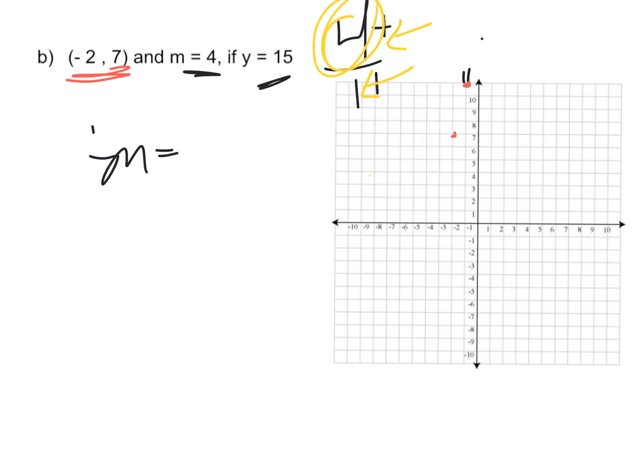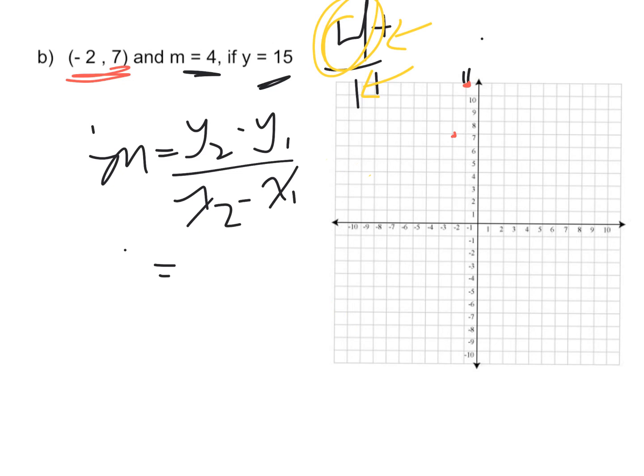So m equals y2 minus y1 over x2 minus x1. We're going to pretend we don't know our answer. M is 4. You could also think of it as 4 over 1, which is fine. Our y2 is right here at 15. So that's 15 minus 7. I got 7 from right there.